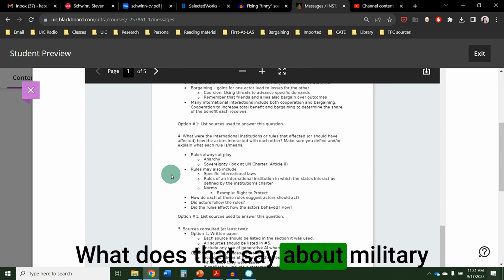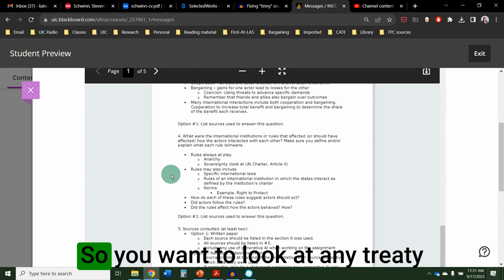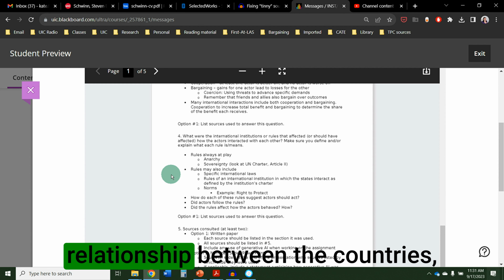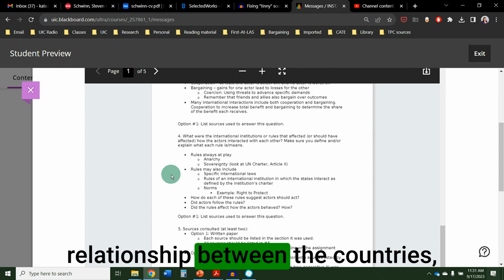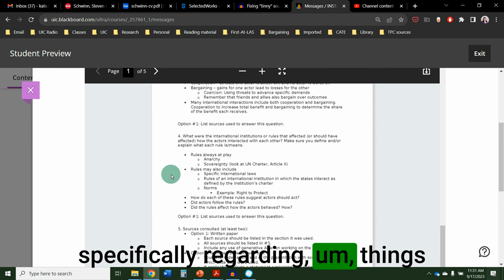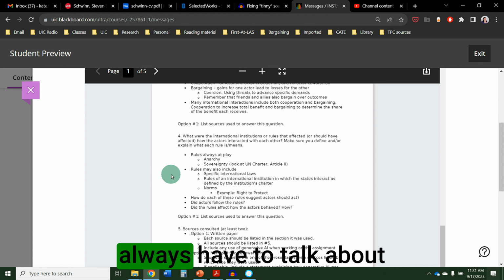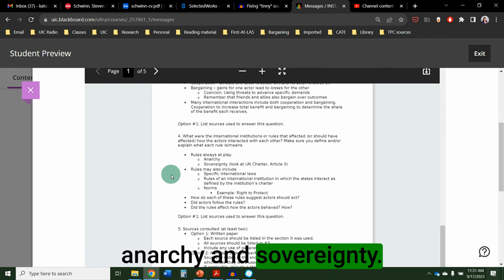What does that say about military exercises in international waters? Things like that. So you want to look at any treaty relationship between the countries, specifically regarding things that may touch on the event. But again, at minimum, you always have to talk about anarchy and sovereignty.